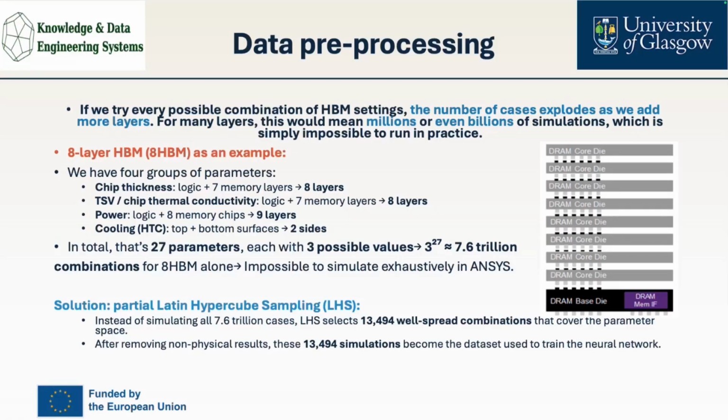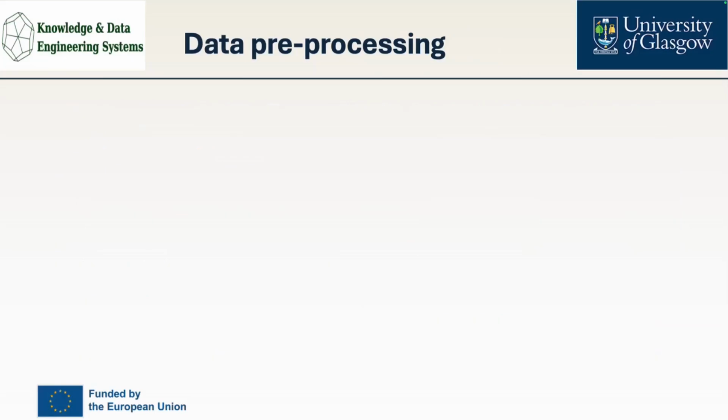After removing the non-physical results, we could have 30,000 simulations, which is a nice number for building a neural network. Having around 1,000 simulations also reduces the simulation time and still provides all the required information.